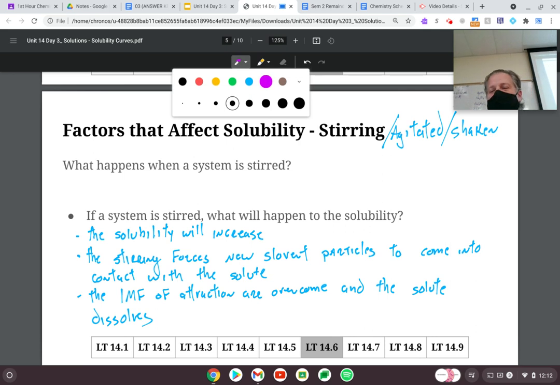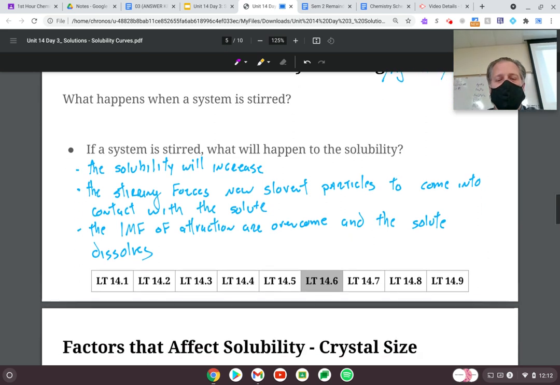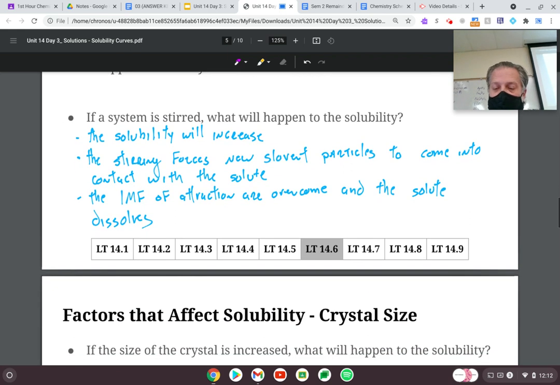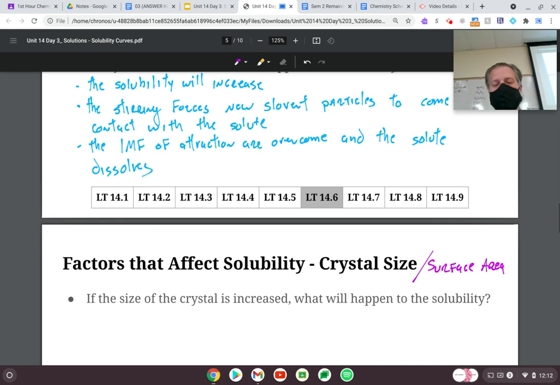And then the last factor that can affect solubility is crystalline size and/or surface area. Okay. So if we increase the size of a crystal, or at least the surface area of a crystal, what happens to solubility?